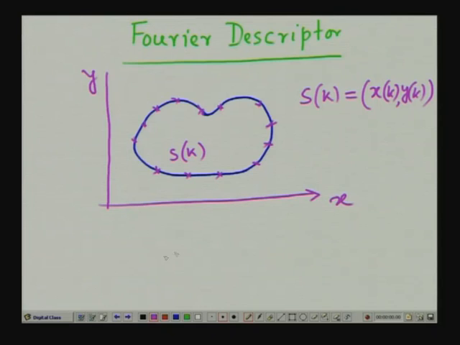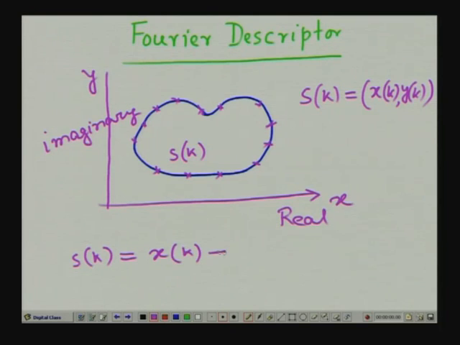Now, if I assume the x axis to be the real axis and the y axis to be the imaginary axis, then every boundary point Sk in this sequence can be represented by a complex number given by xk plus jyk, where j is equal to square root of minus 1.